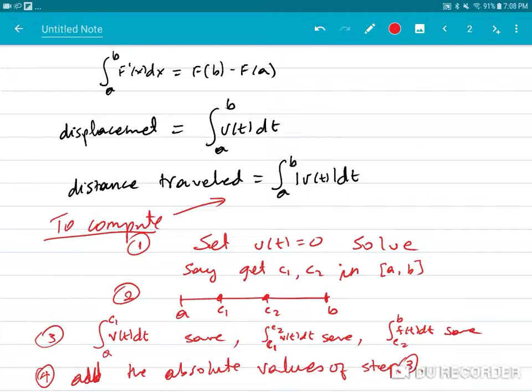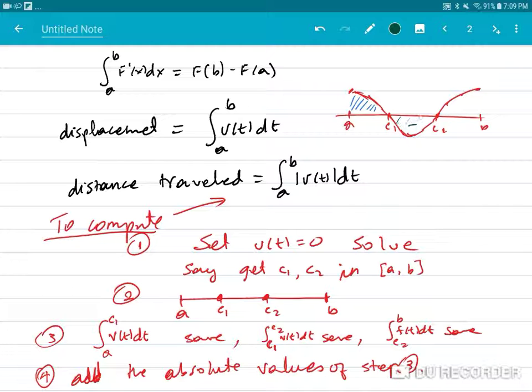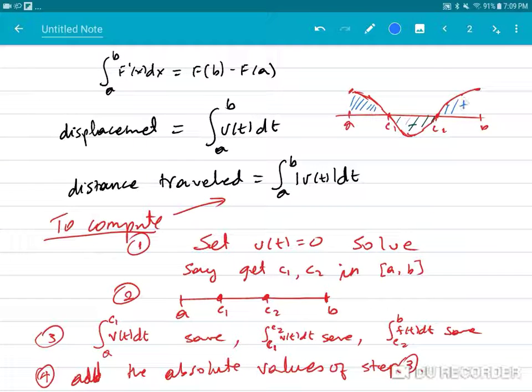Okay, so just to give you a little picture here, say a was here, c1, c2, and b was here, and then the velocity function, let's say it went from positive to negative and then back to positive, just a possibility. That means the object gained some distance and then lost some distance, walked back, and then made up again with a positive distance.